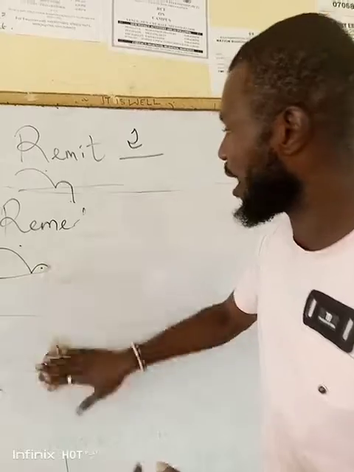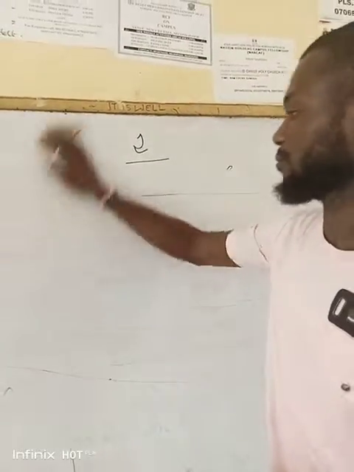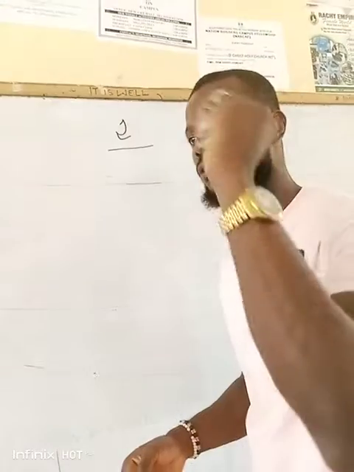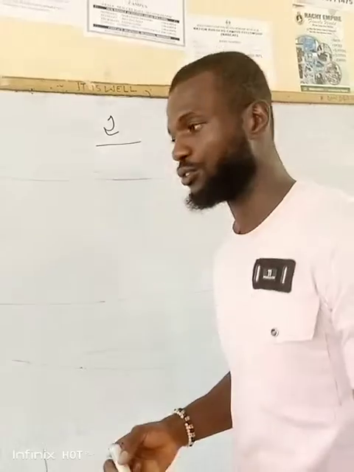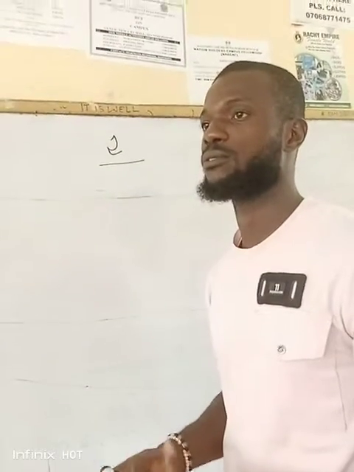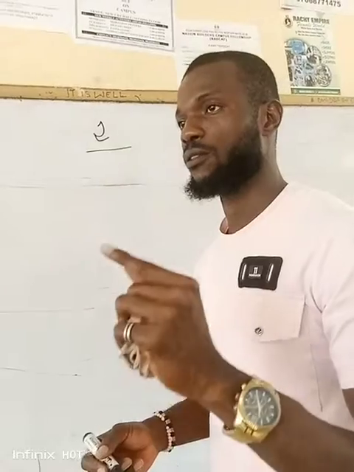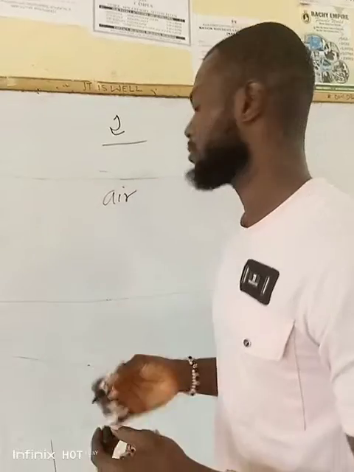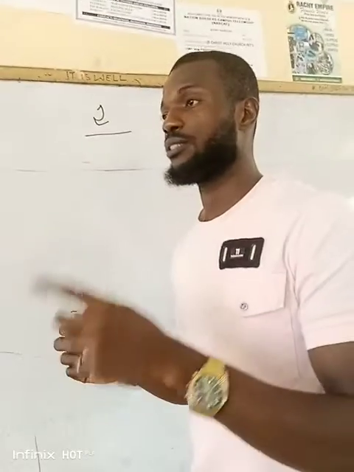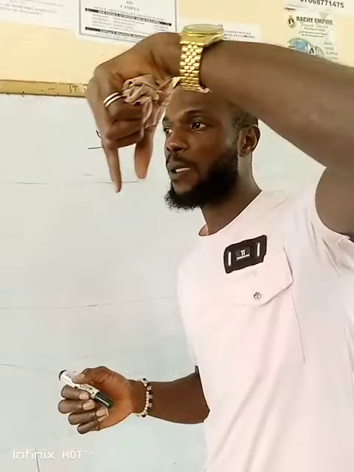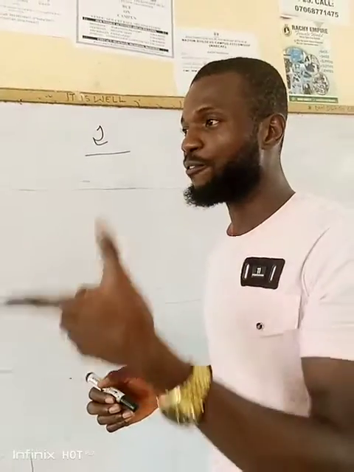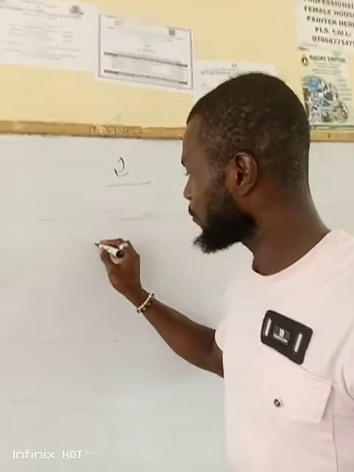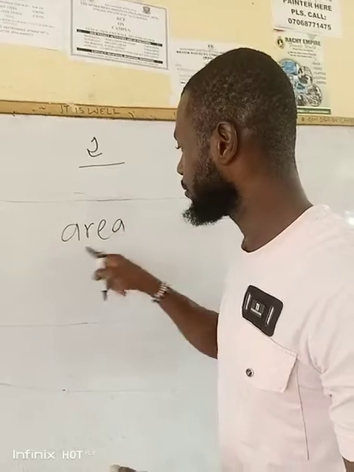Then the second rule of R coming down: whenever there's an initial vowel before R, like the first vowel in the word before R, something like area.